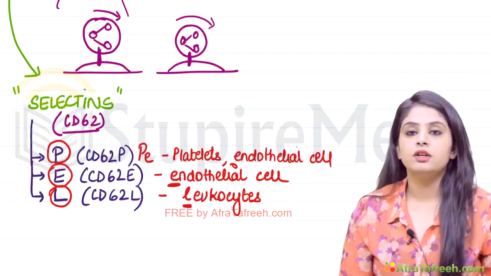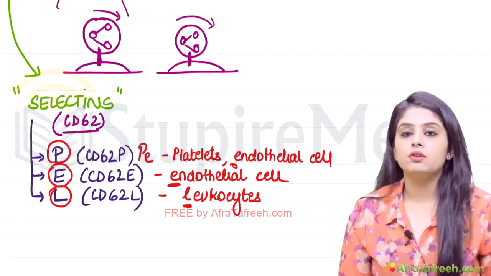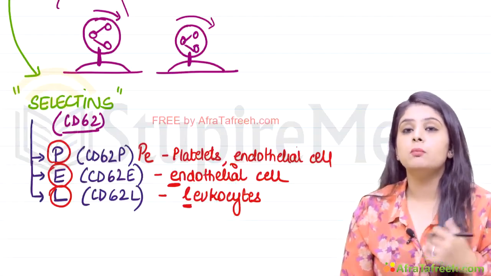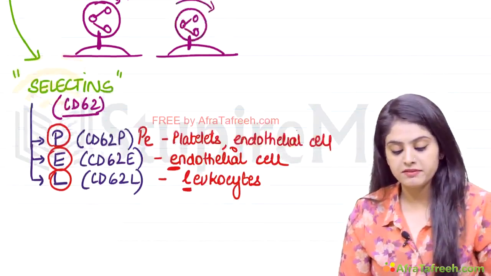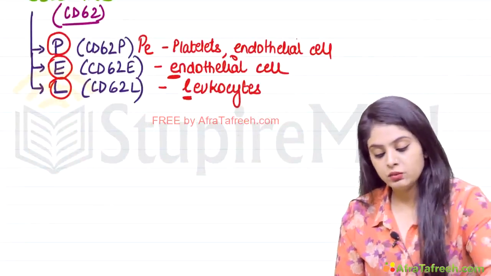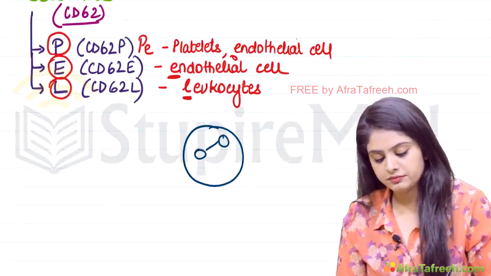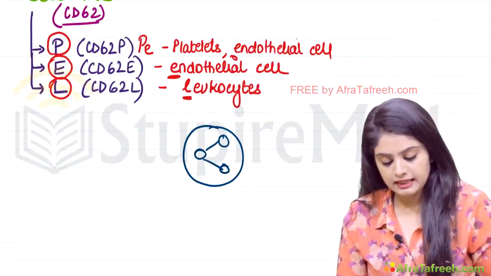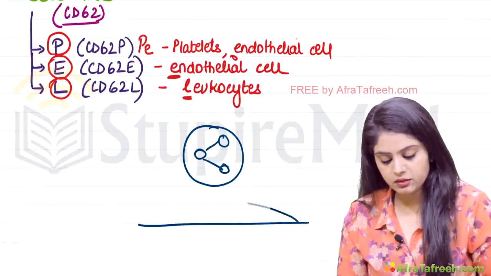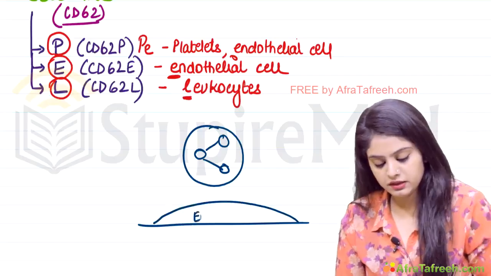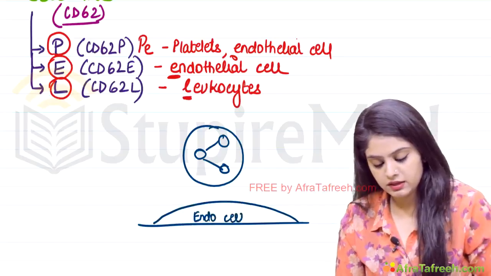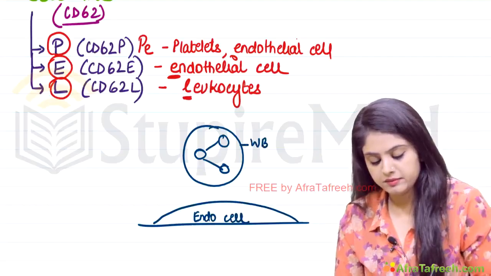L for leukocyte. One very important concept, also something that you need to mug up a little, but we'll try to simplify this. Let's take two cells in interest that we have. One was the leukocyte and the other was the endothelial cell. So this is the endothelial cell and this is the WBC.